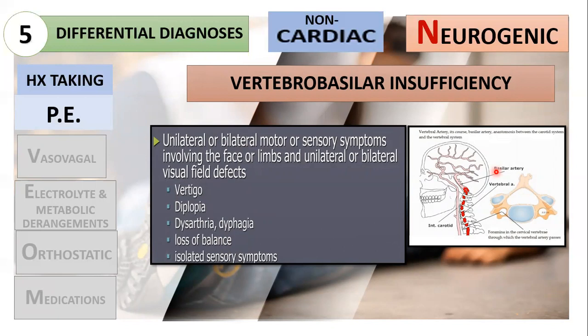Patients would manifest with focal neurologic deficits such as unilateral or bilateral motor or sensory symptoms involving the face or limbs, and unilateral or bilateral visual field defects. Could also manifest with vertigo, diplopia, dysarthria and dysphagia, loss of balance, and isolated sensory symptoms.